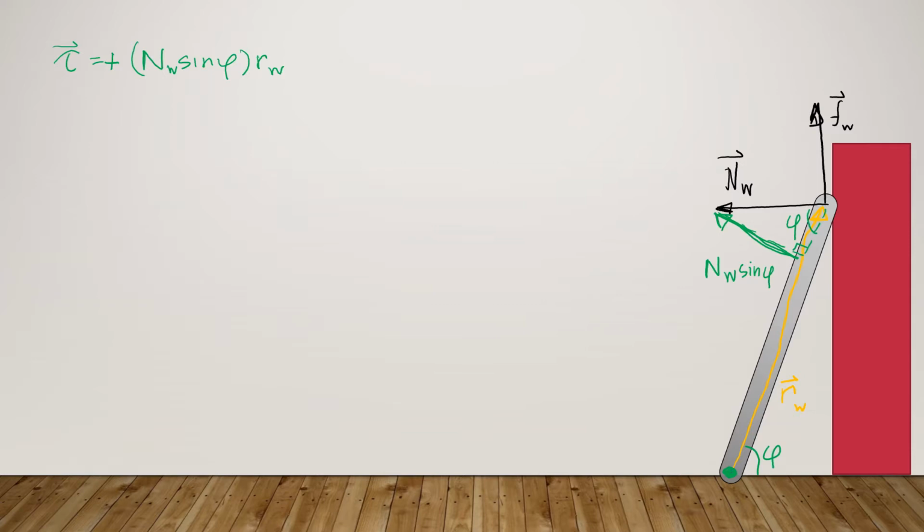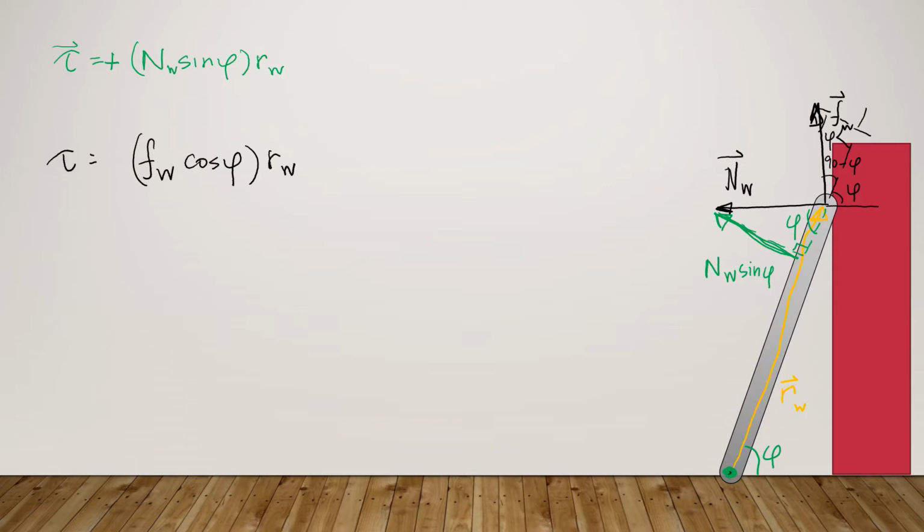It's acting at the same distance as before, but if I make a right triangle where the hypotenuse is the force, and I think about what's happening here, here's phi, so this is going to be 90 minus phi, and so that makes this phi, and so for that force, the torque is the cosine component, so force of the wall cosine phi times the lever arm.